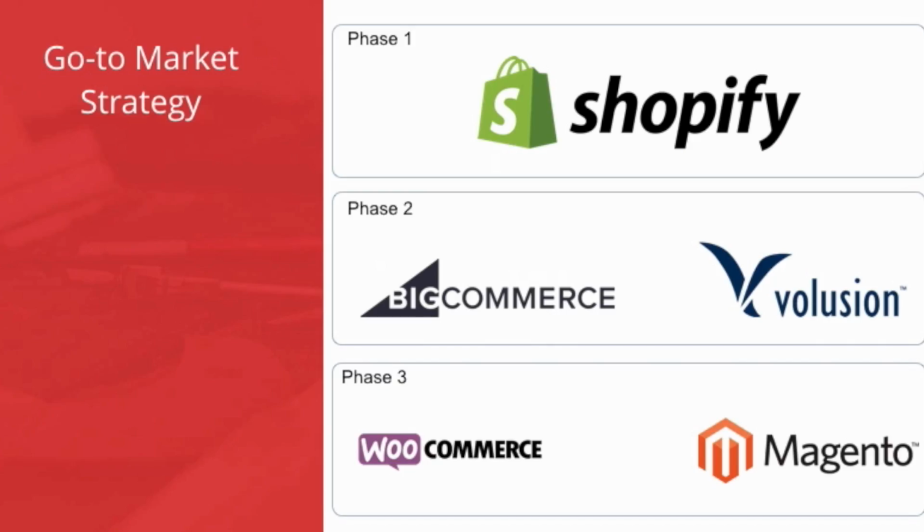So after we create a strong foothold on Shopify, then we're going to deploy that strategy plus lessons learned on BigCommerce and Volusion, and hopefully by summer 2017 on WooCommerce and Magento.